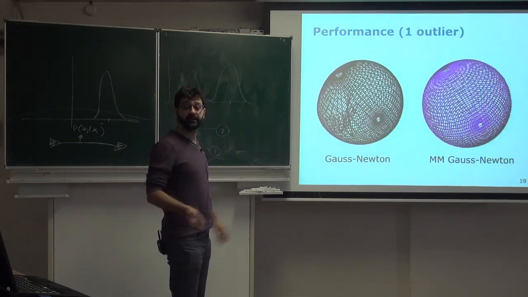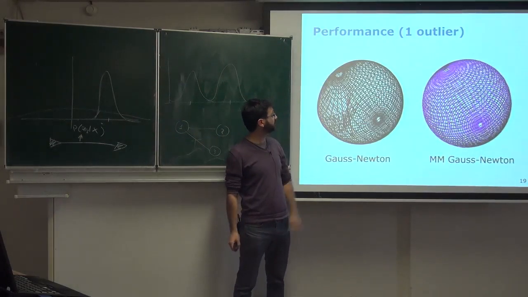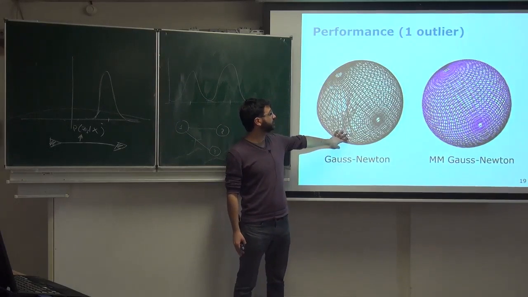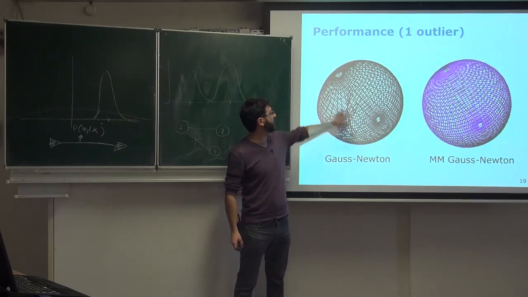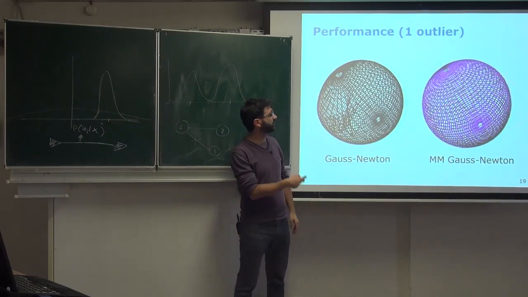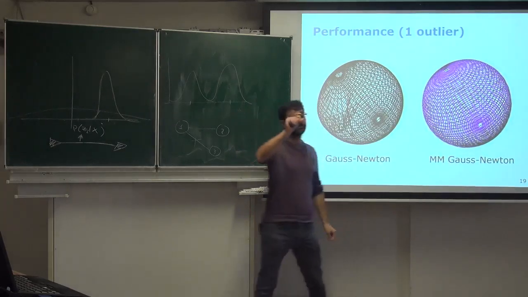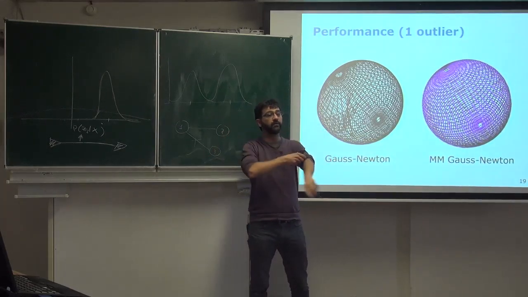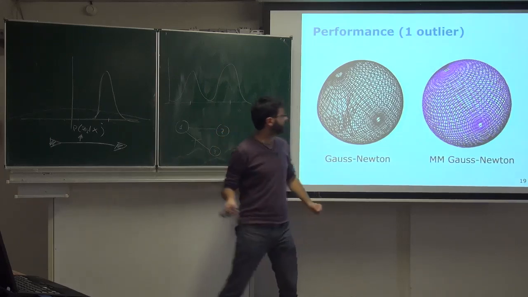You can also have another gross performance on a 3D case. Here you have standard Gauss-Newton, where we are having one outlier in here, and on the right we see the max mixer case, where each measurement has this double check of whether it's a real measurement or an outlier.